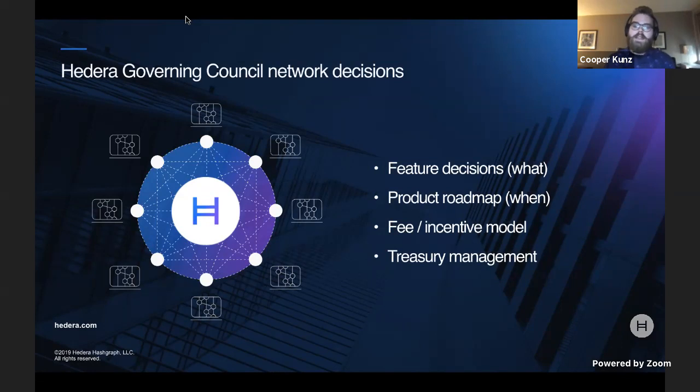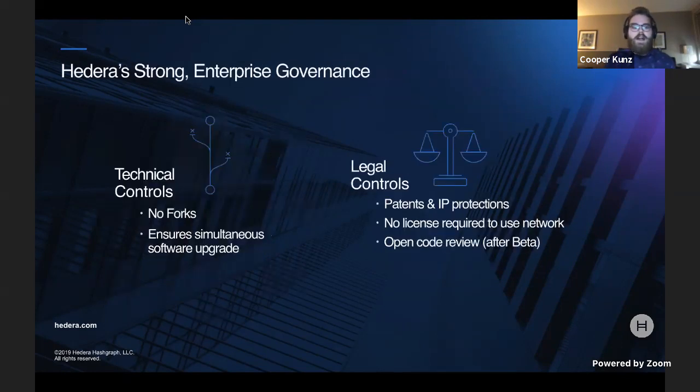Things like our fee and incentive model, our crypto economics, and how things get distributed and managed through our treasury all require these critical decisions from this Governing Council, which is really unique to us. Which is why we're so happy to have such strong companies, because we have strong governance. And strong governance is really our answer to the stability problems from earlier.